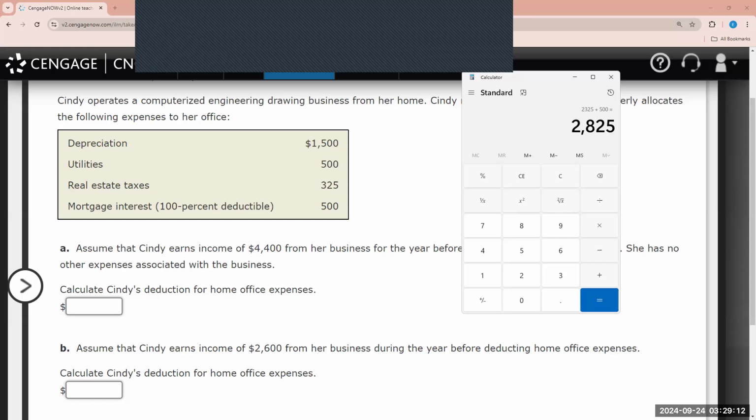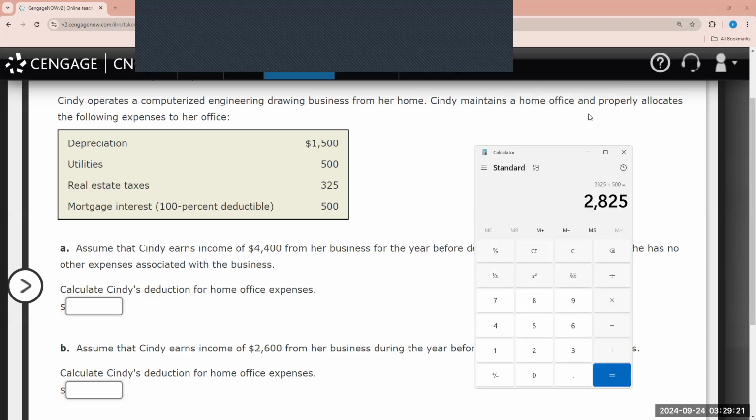So in the first scenario, to calculate Cindy's deduction for home office expenses, she gets to claim the full amount, right? Because it says that it was properly allocated. So there's no extra calculation we need to do. The calculation was already done. Because Cindy's net profit is $4,400, there's no limitation.